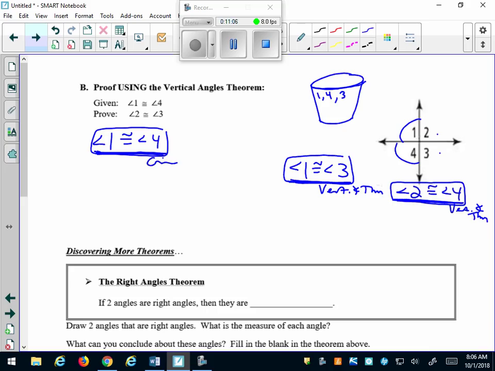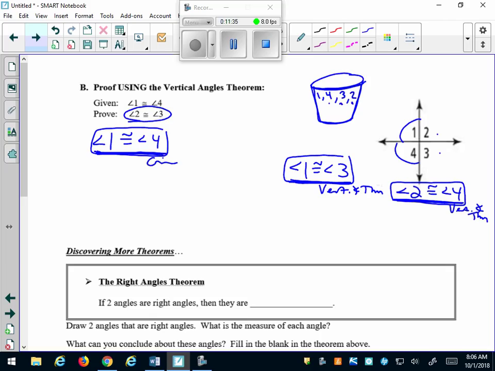Then you get to your next congruent statement. 2 is congruent to 4. That means 2 and 4 can go in the same bucket. We look at our bucket and 4 is already in there. That means we can add 2 to this bucket because it partners with 4. So when we're done, we have this transitive bucket. And we can state any of these angles that are in this same bucket congruent to each other by the transitive property. So we're trying to prove 2 is congruent to 3. If we look in our bucket, is 2 congruent to 3?